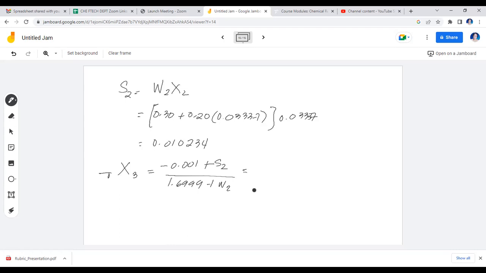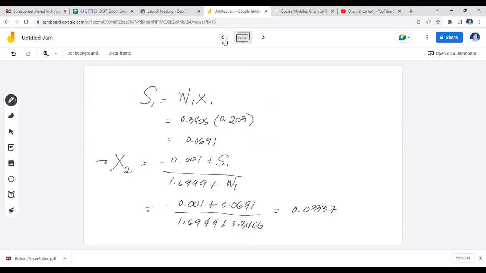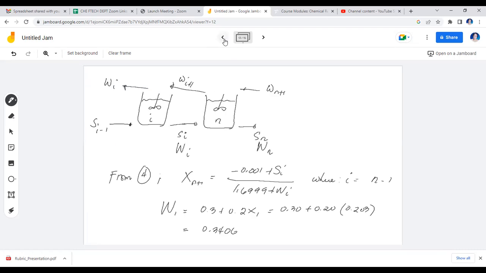And this would give you, after substitution, negative 0.001 plus 0.010234 for S2, over 1.6999 plus capital W2. Where's our W2?